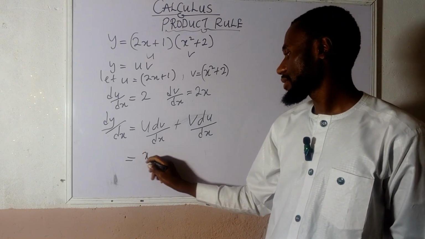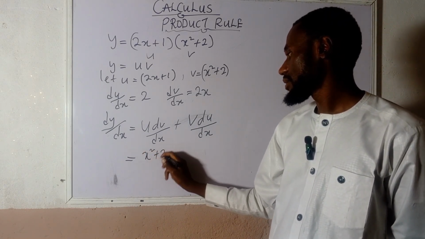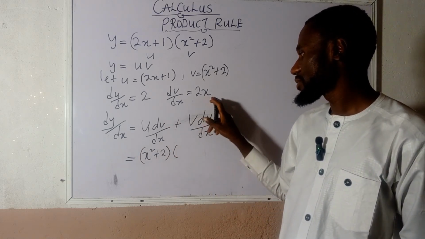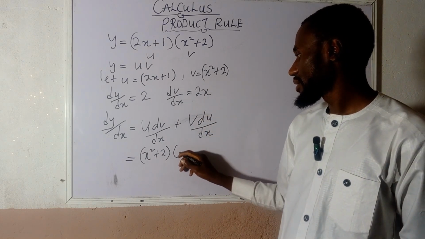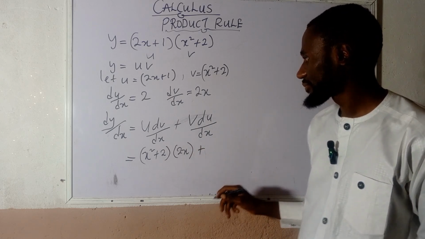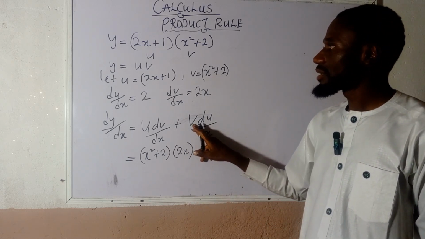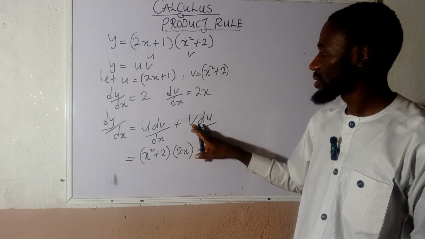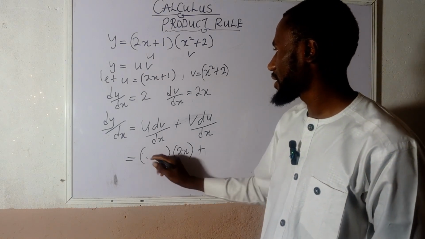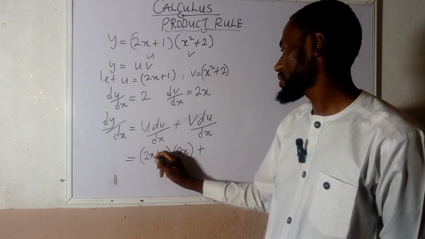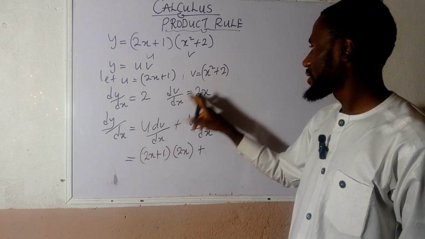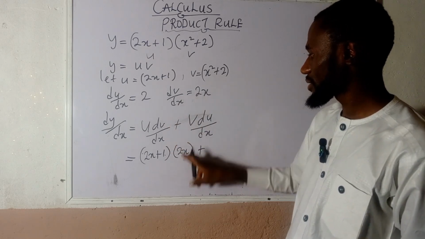Here we have x squared plus 2 multiplied by dv. dv here is equals to 2x. That is, here we have 2x, then plus v. v here is, we said the u here is 2x plus 1 for the u, and dv here is equal to 2x.